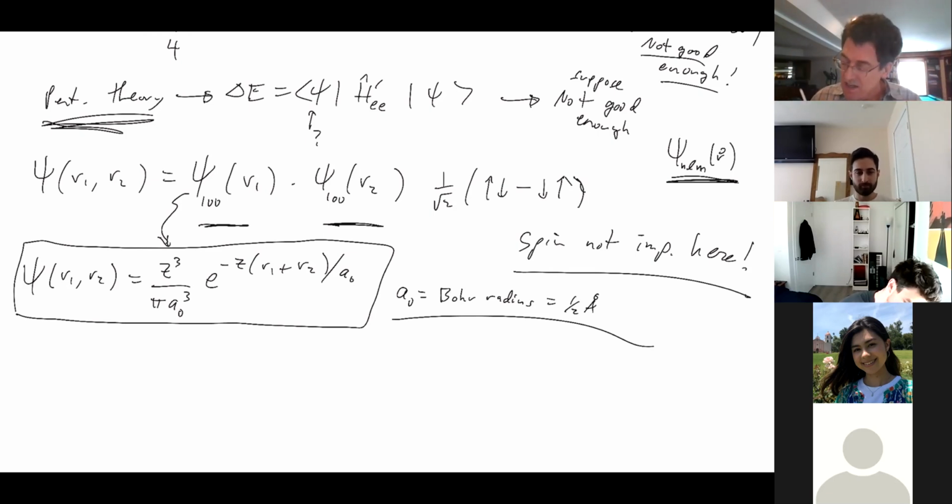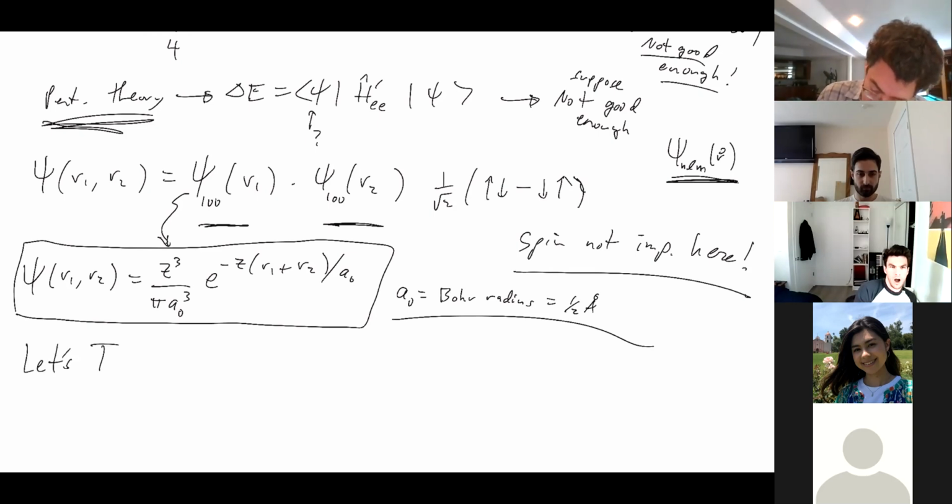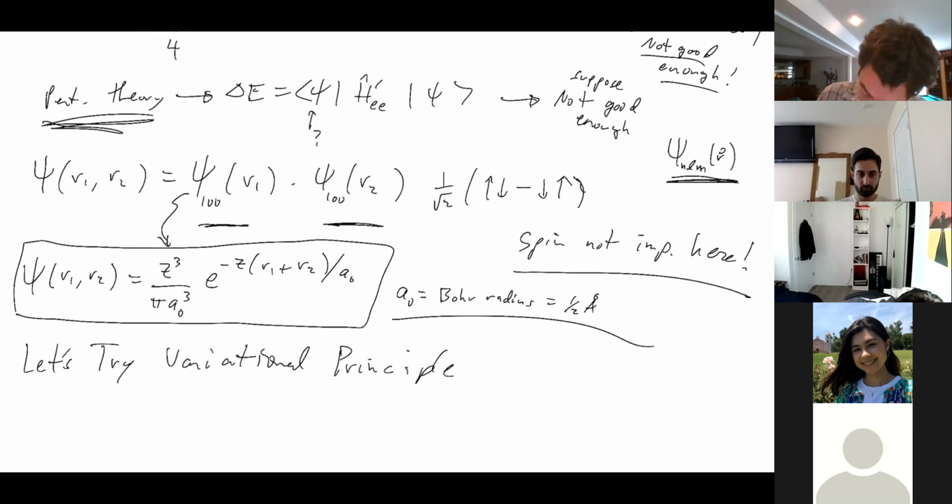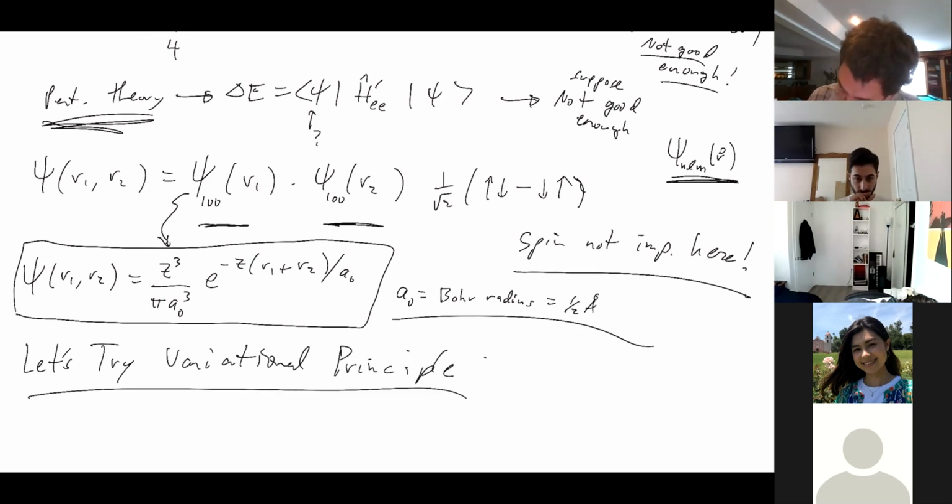Unperturbed states. Now, suppose that we did perturbation theory with this function, and suppose it wasn't good enough. Then what we would do is say, okay, let's try the variational principle.